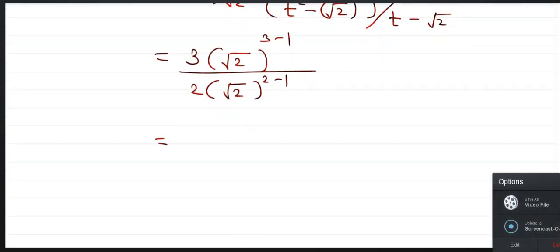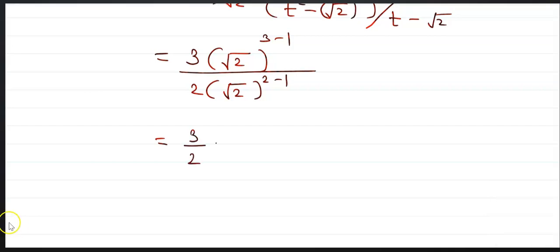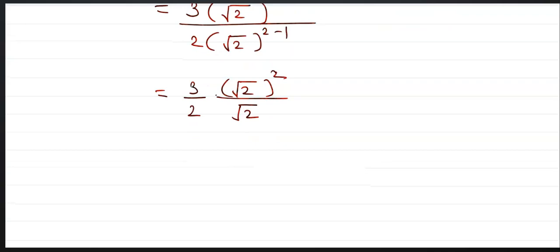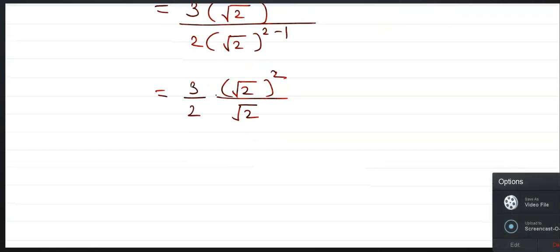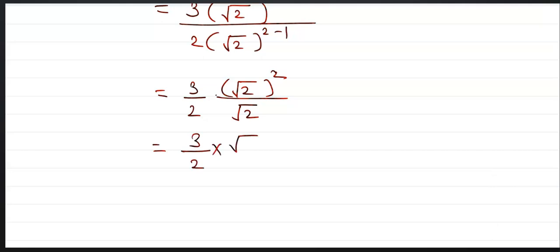This gives 3 into (root 2) raised to 3 minus 1 upon 2 into (root 2) raised to 2 minus 1, that is (root 2) square upon root 2, which is 3 by 2.